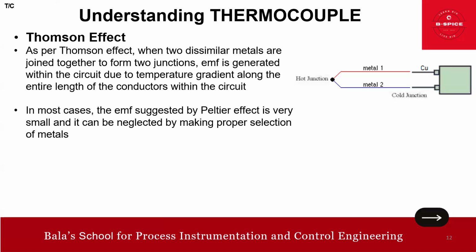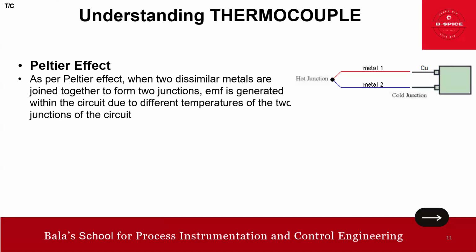Okay. I want to go back again to talk about Peltier to give you a better understanding. Again, I repeat, as per the Peltier effect, when two dissimilar metals are joined together to form two junctions, EMF is generated within the circuit due to different temperatures of the two junctions of the circuit. That's it, only at this point.